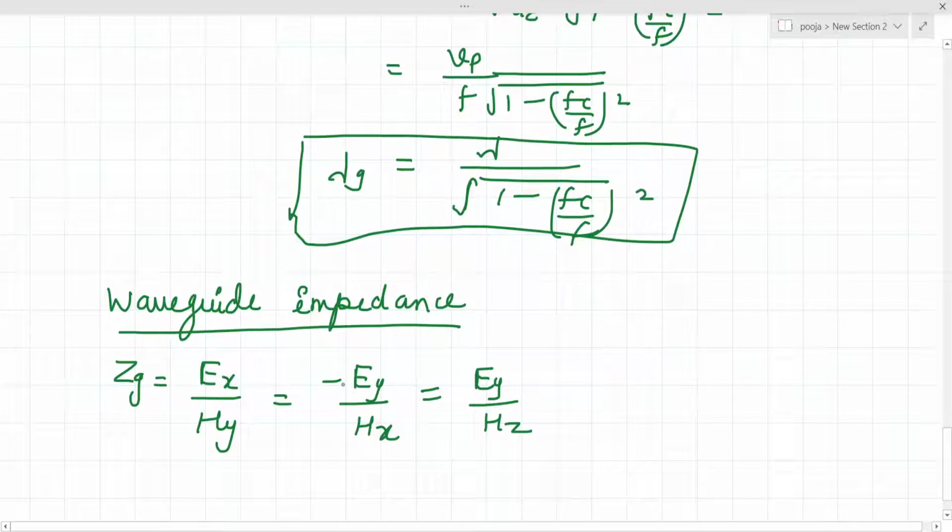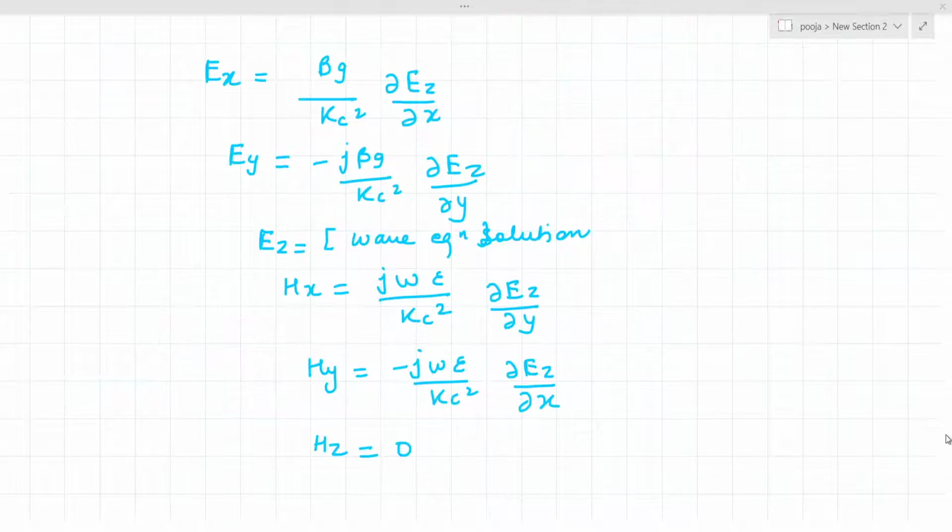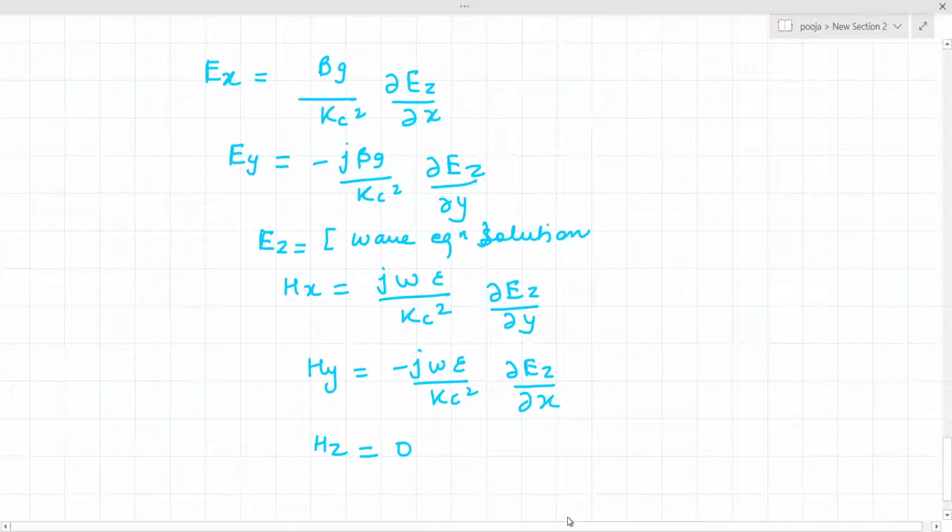So let's see the equations of Ex, Ey, Hx, Hy from Maxwell's curl equations. After seeing this equation, Zg was equal to Ex by Hy or Ey by Hx. So let's see this equation, Ex by Hy.